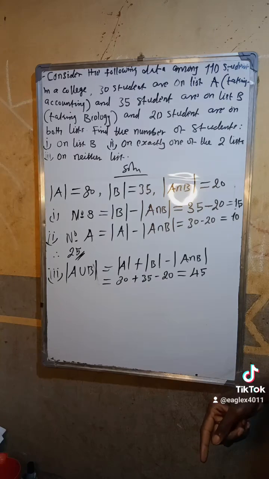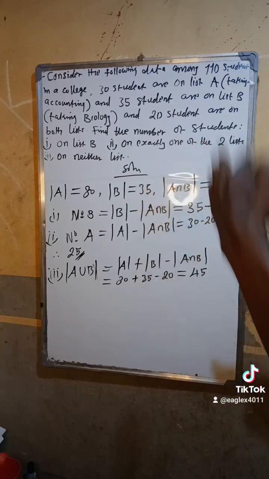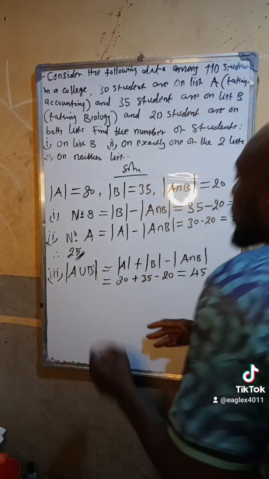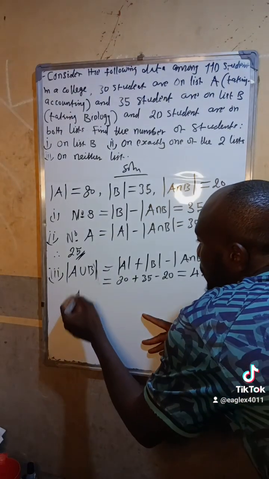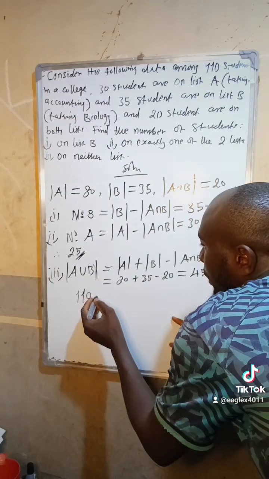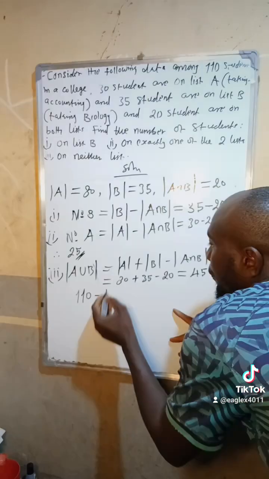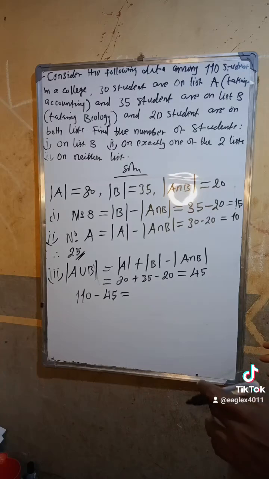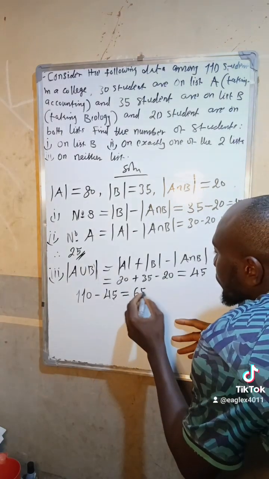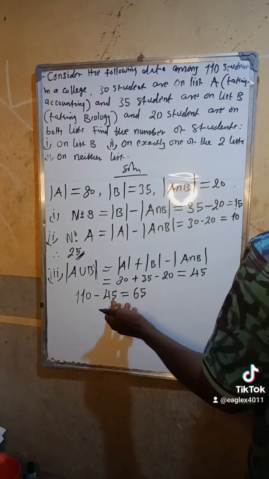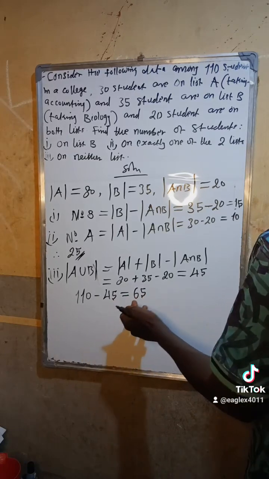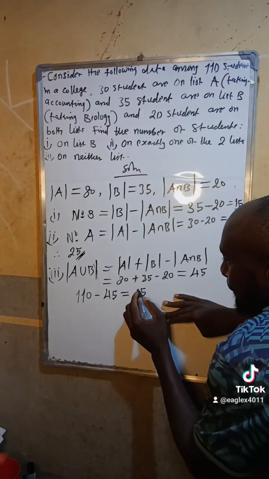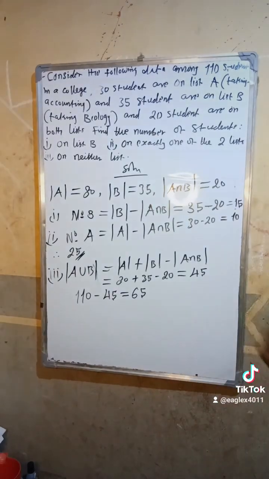All we need to do is find those that are neither taking this nor this. Since we have 110 students, then neither in this nor this is going to be 110 students minus this 45, which is 65.